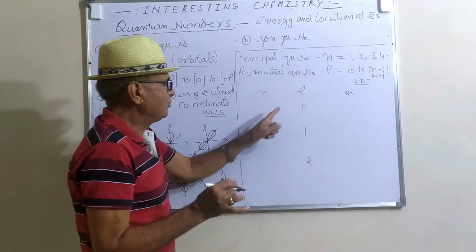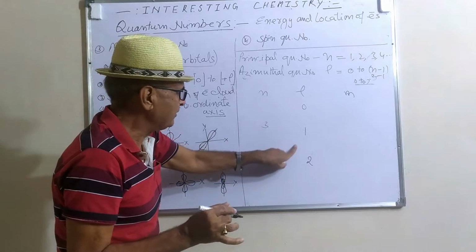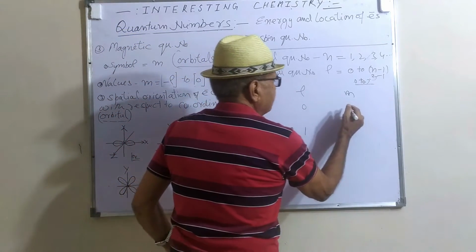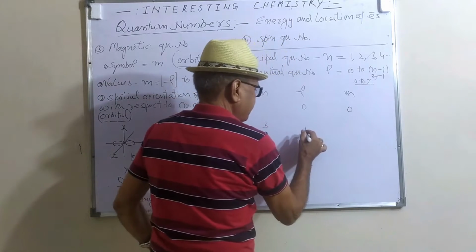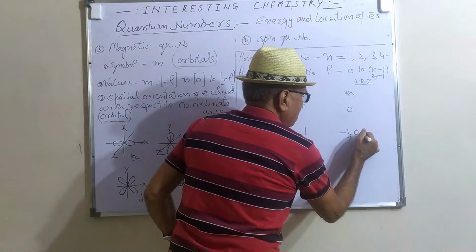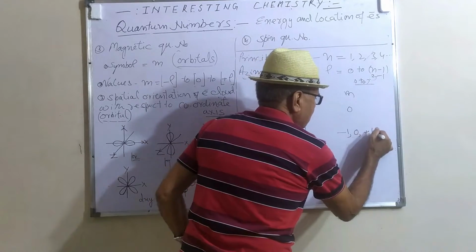Again you have to find the values of M, as I told you previously. For 0 it is 0, for 1 it is minus 1, 0 and plus 1.